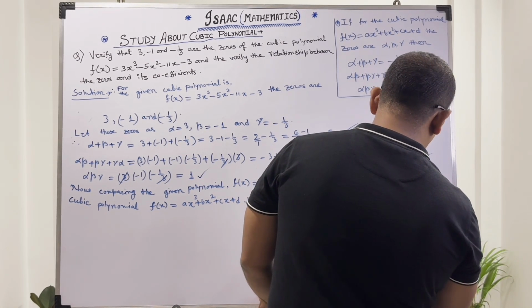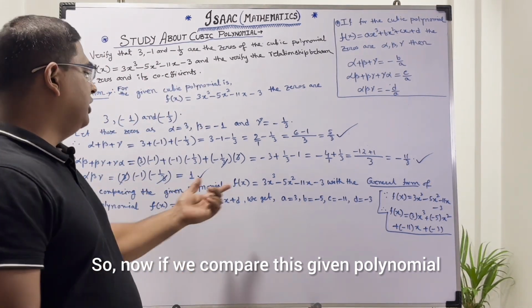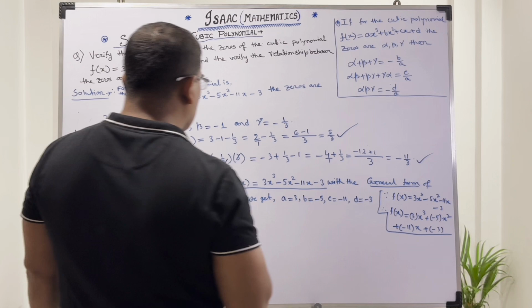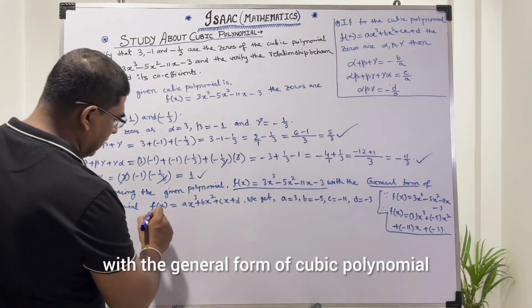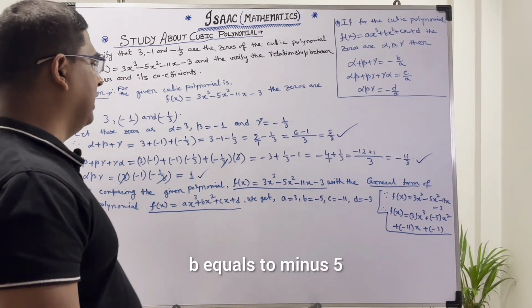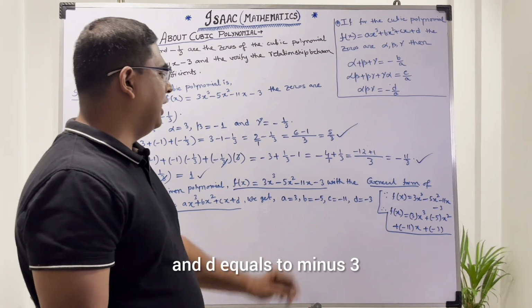Okay. So now if we compare this given polynomial with the general form of cubic polynomial, we get a equals to 3, b equals to minus 5, c equals to minus 11, and d equals to minus 3.